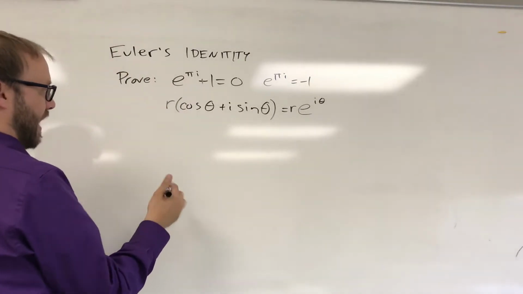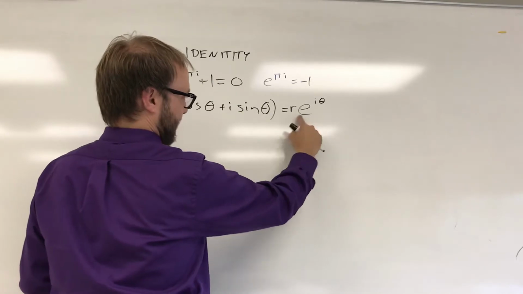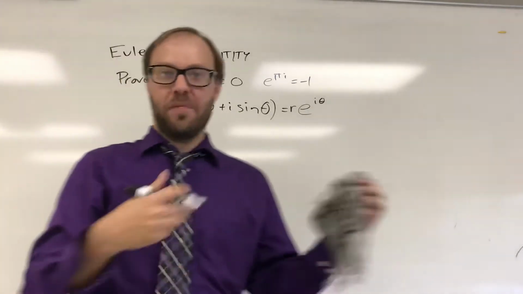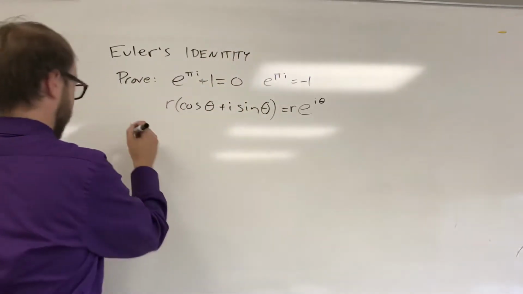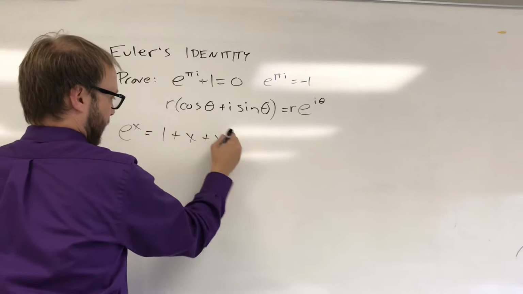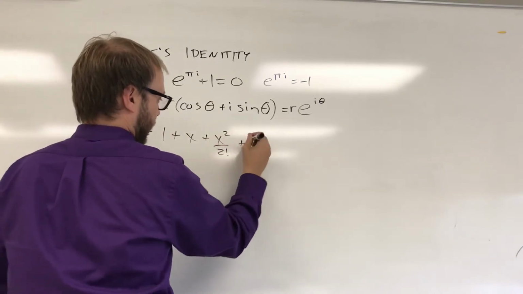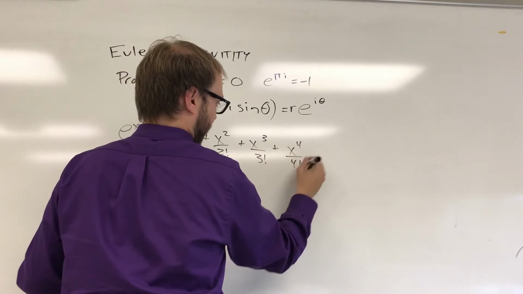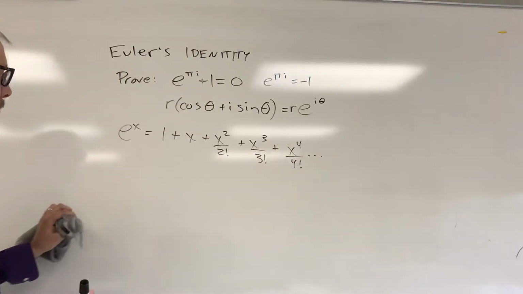I'm actually just going to show that e to the i theta is equal to cosine of theta plus i sine of theta. You can multiply both by r. So e to the x is 1 plus x plus x squared over 2 factorial plus x cubed over 3 factorial plus x to the 4th over 4 factorial, and so on, okay?